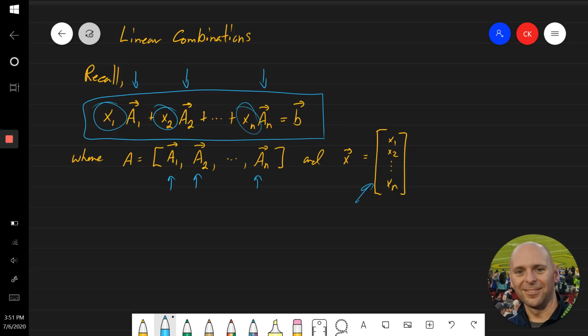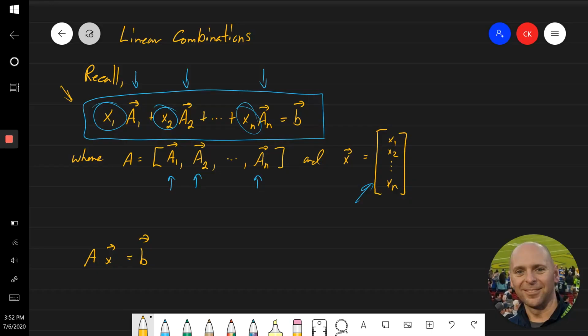Essentially, a system listed in the form AX equals B is consistent if and only if B can be written as the sum of scalar multiples of the column vectors of A. And that's what we've written out in this statement here. So this sum is then called the linear combination.